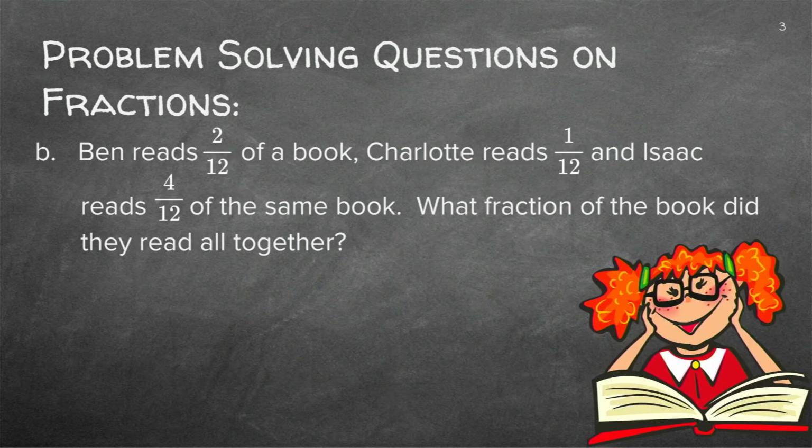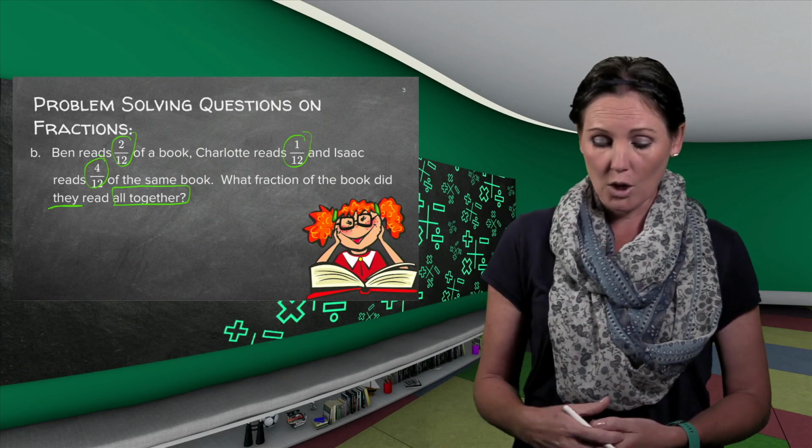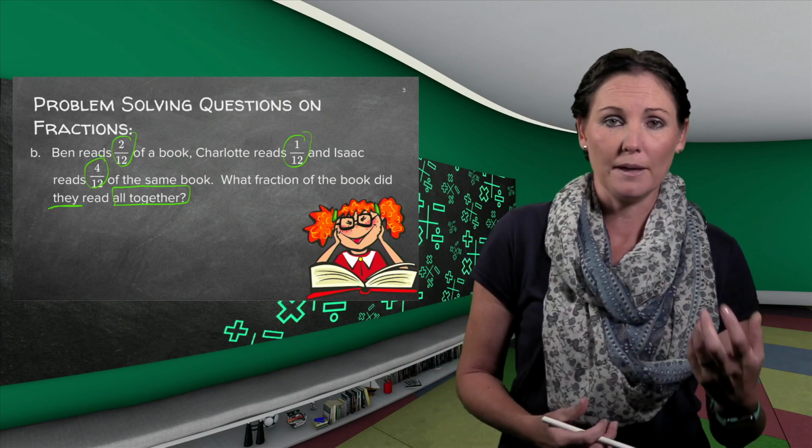With the next question, they're asking you problem solving questions on fractions. Ben reads 2/12 of a book. Charlotte reads 1/12 and Isaac reads 4/12 of the same book. What fraction of the book did they read all together? So they're not asking you what did Charlotte and Ben read together or what did Isaac and Ben read together.